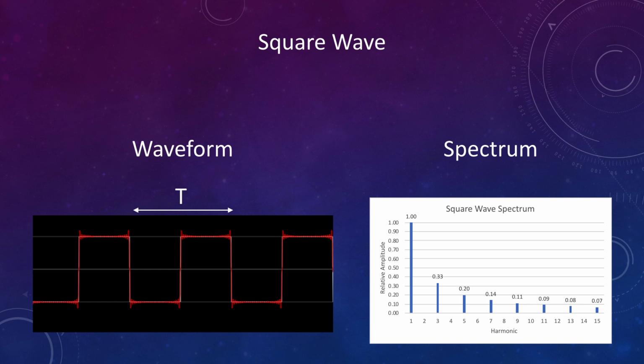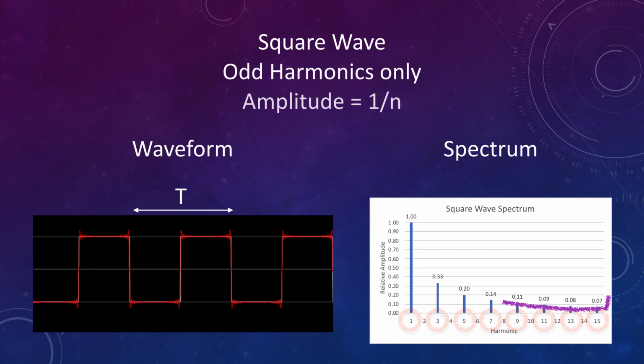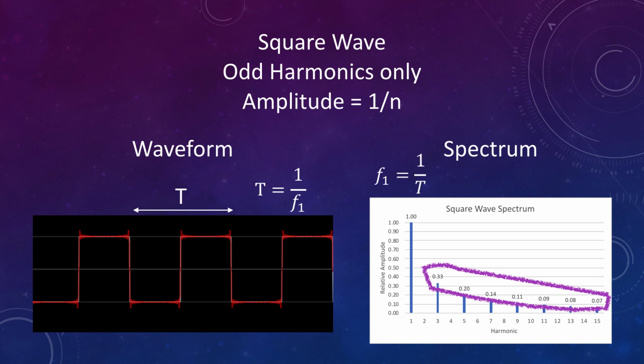A square wave is made up of only odd harmonics, and the amplitude of each harmonic is equal to 1 over n, with n being the harmonic number. Its period can be found by using T equals 1 over F1. If you know its period, the fundamental frequency F1 is 1 over T. A square wave sounds like this.